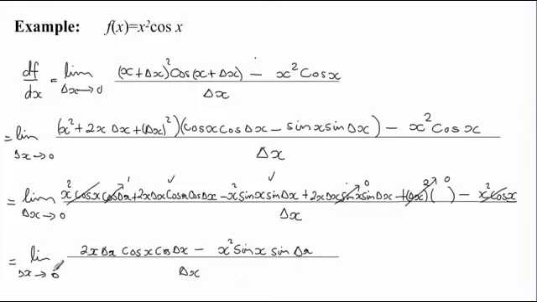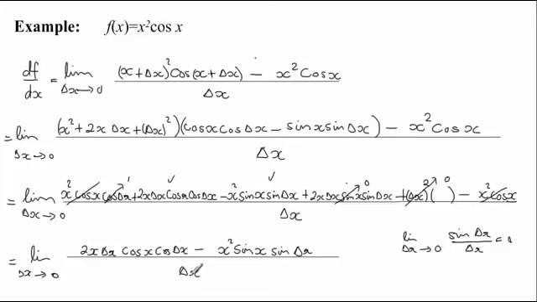Now, simplifying this expression as delta x tends to 0, we can see that there is a common denominator of delta x. This one will simplify with that, and then here we're going to have our special limit as delta x approaches 0 of sine delta x over delta x, which equals 1.